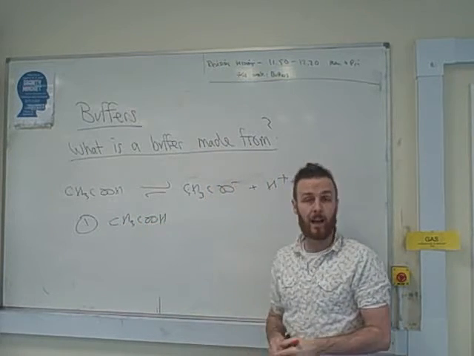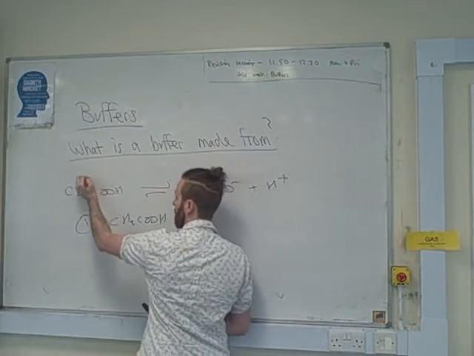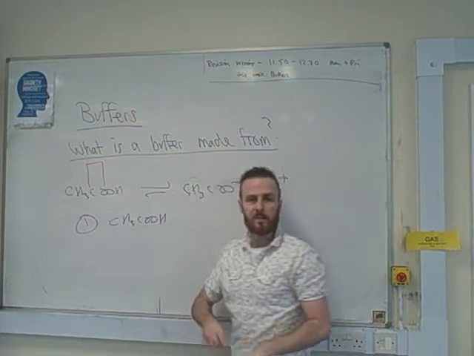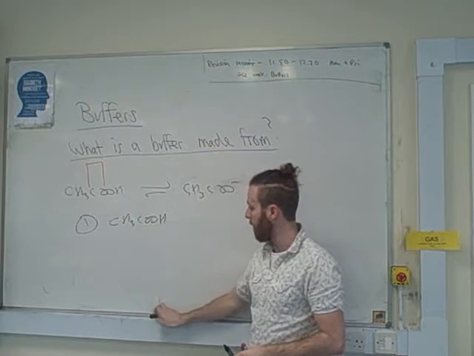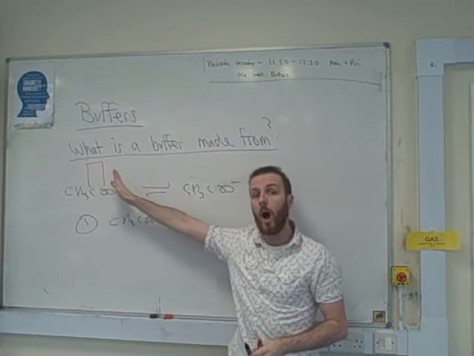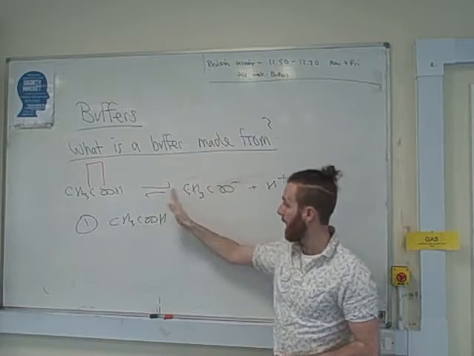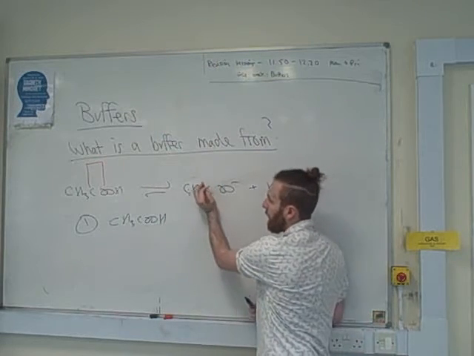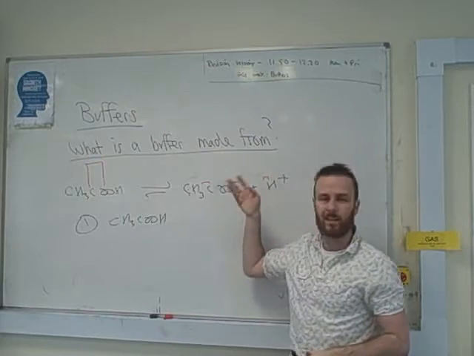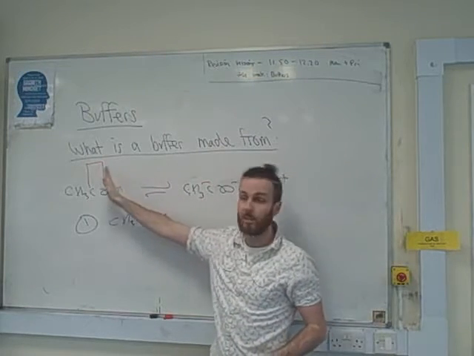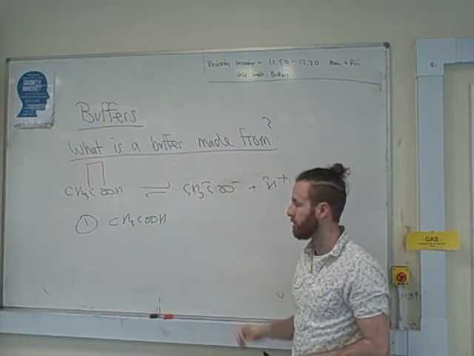When I add a large amount of weak acid, it's going to give us loads of this. If the bar represents the amount we have, then because weak acids partially dissociate, hence the reversible sign, we're going to get a little bit of conjugate base and a little bit of H+, but practically nothing.